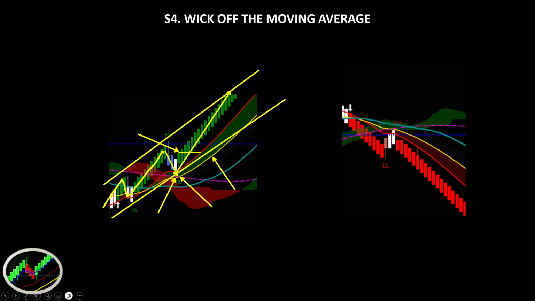Your setup is close to the lower side of this channel, and the target is the other side of the channel. Now you can take a profit earlier if you think it's coming back, because it's probably going to weak off and then come back up.